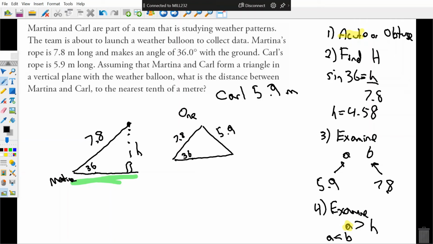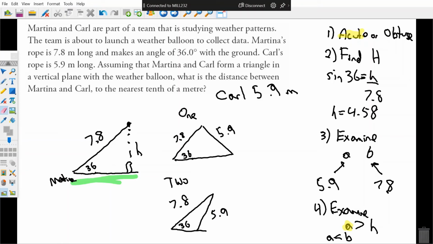The second possible triangle is, this is 36. Martina's 7.8. This is 36. And Carl's actually over here somewhere, 5.9.